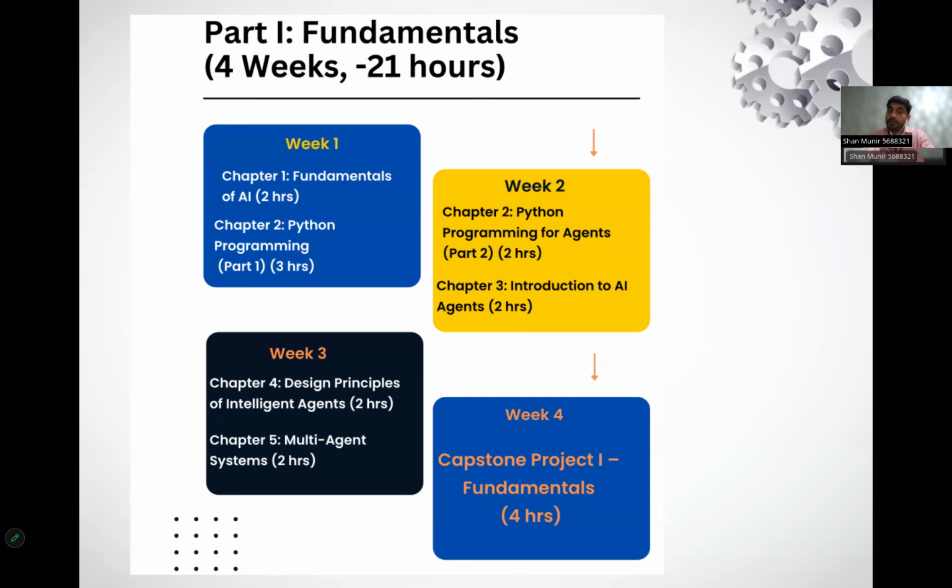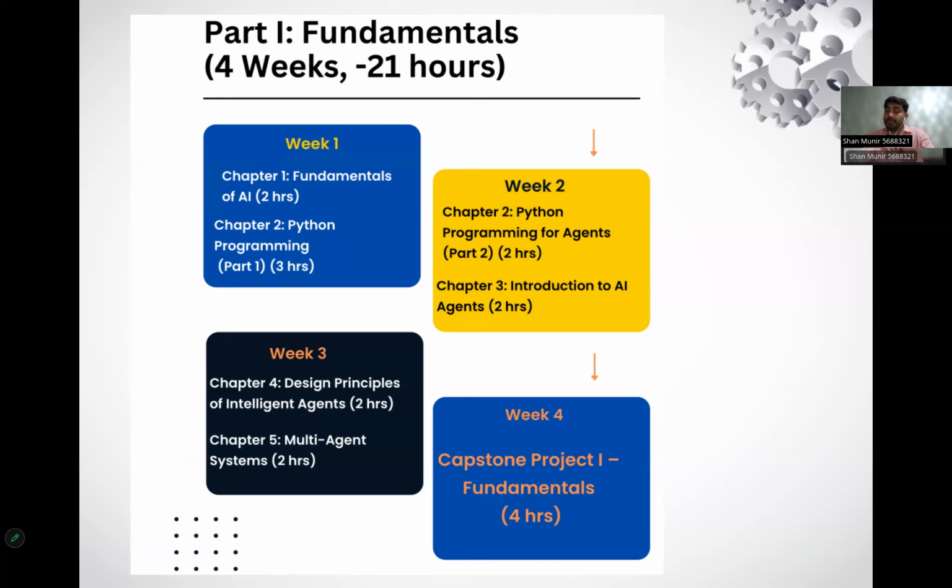In the same week, we will be covering some theoretical aspects of AI agents, and going forward, we will see how we can design an intelligent system based on some definite principles and rules. And then we will see how these designs and principles will give us an agentic system or multi-agent system.